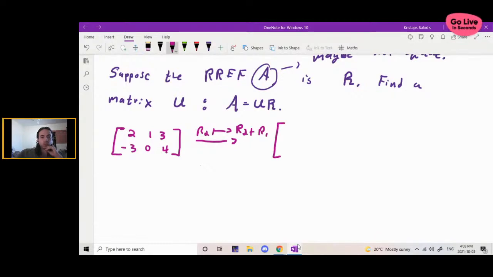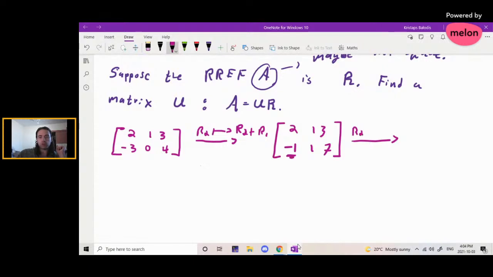And this will give me, so row 1 is not changing in this step. Row 2 becomes -1, 1, and 7. So then, okay, I've got a 1, but it's not quite, I've got this entry, which is a candidate for my leading one. But of course, I need it to be positive.